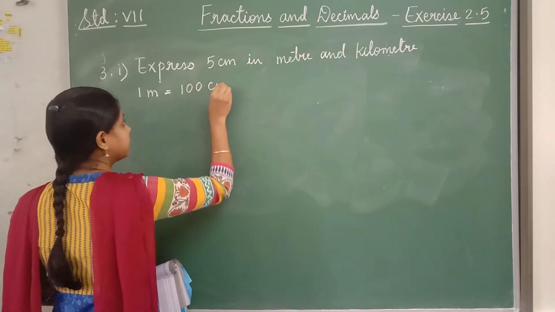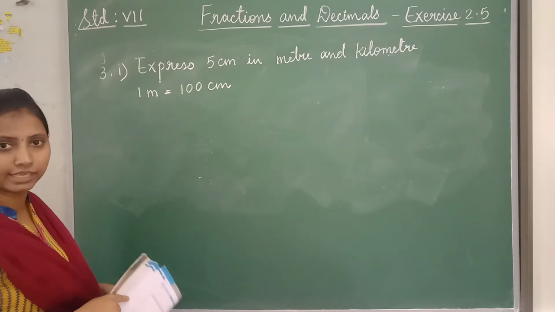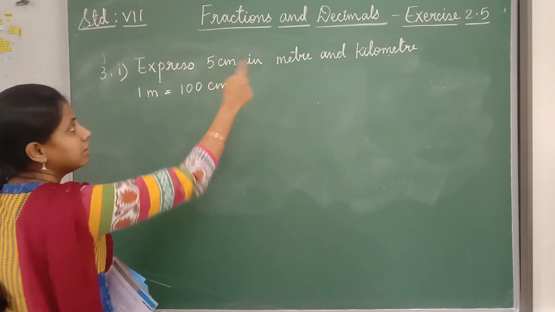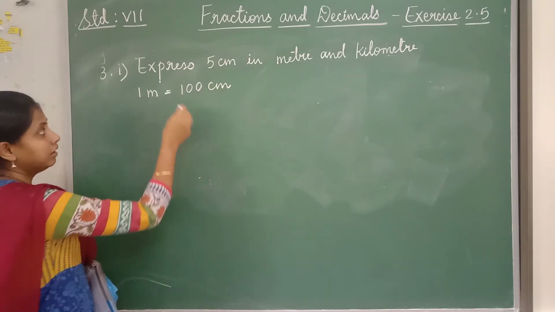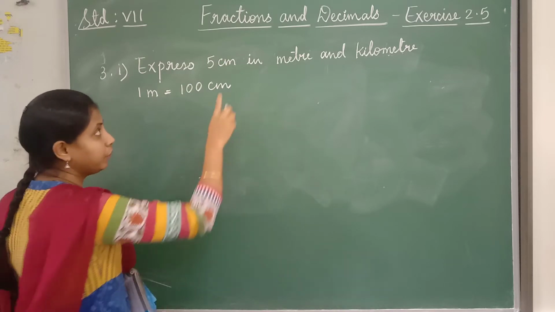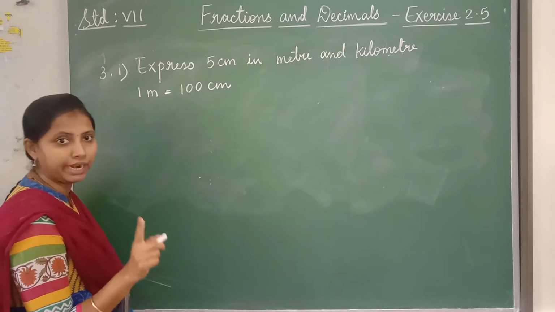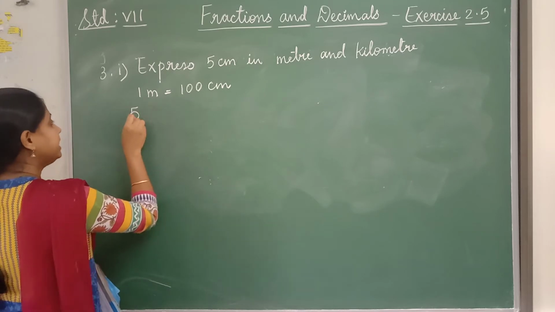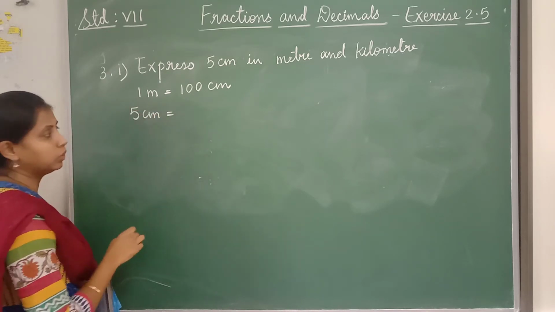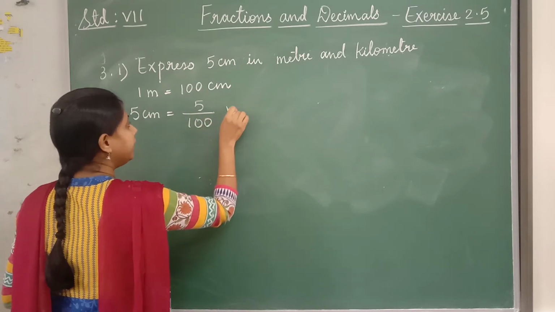Meter. So this you must write first, the conversion factor. 1 meter is equal to 100 centimeter. Now how to convert centimeter to meter? Centimeter is a smaller unit. When you are converting a smaller unit into a greater unit, you always have to divide, children. So 5 centimeter will be equal to 5 upon 100 meter.